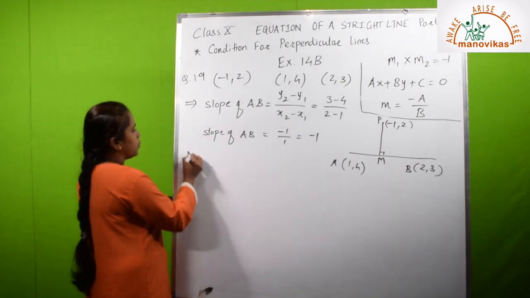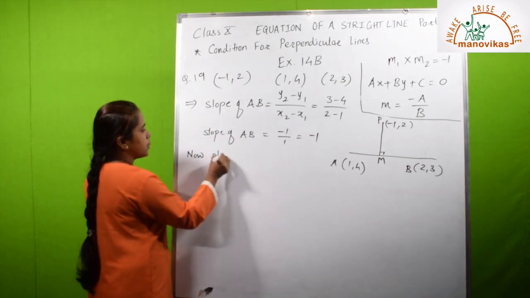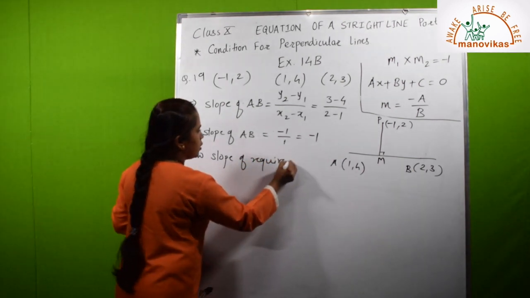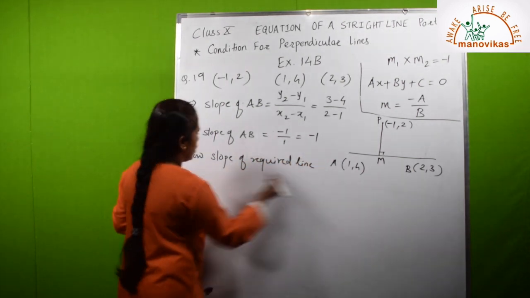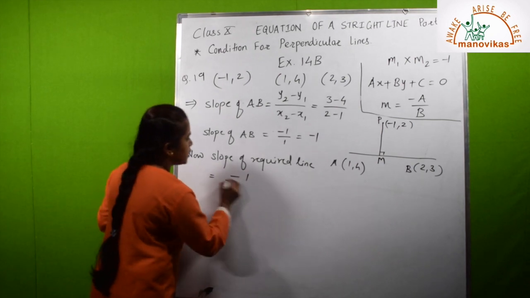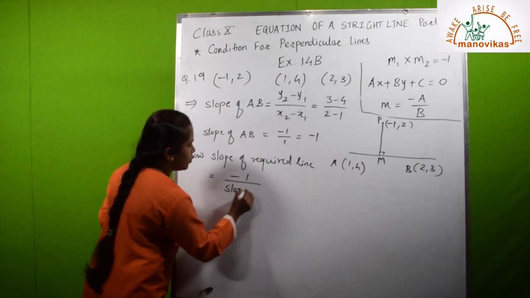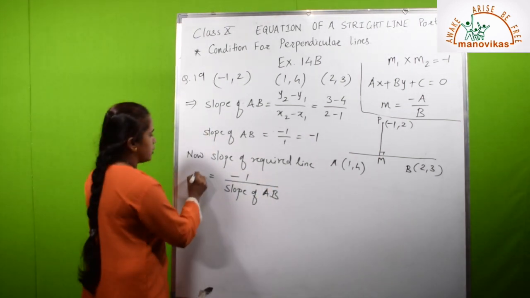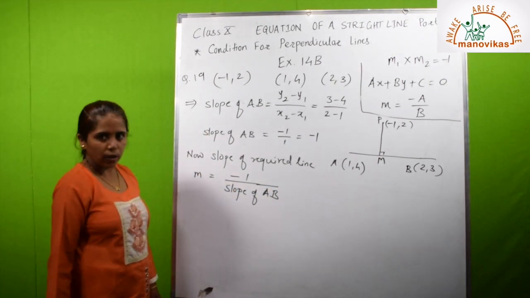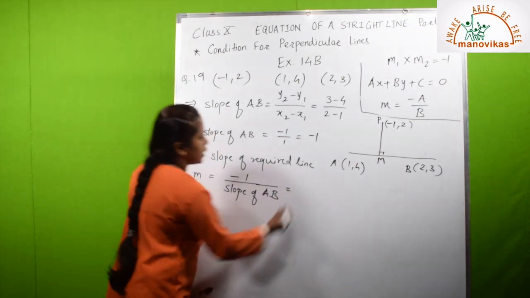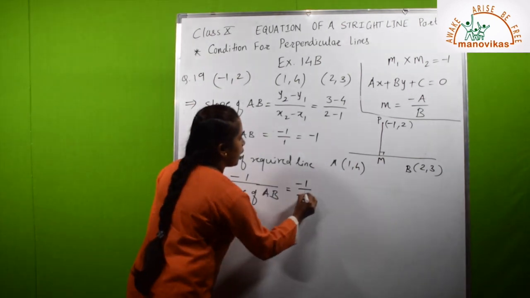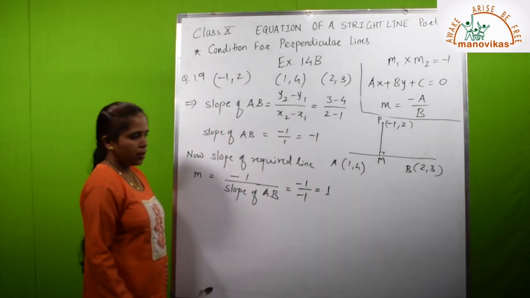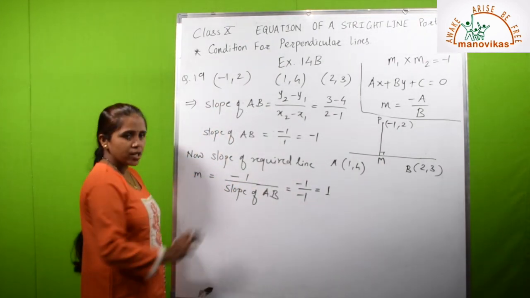Now the slope of the required line PM will be minus 1 upon slope of AB, that is m = minus 1 upon minus 1, that is plus 1. So the slope m is 1.